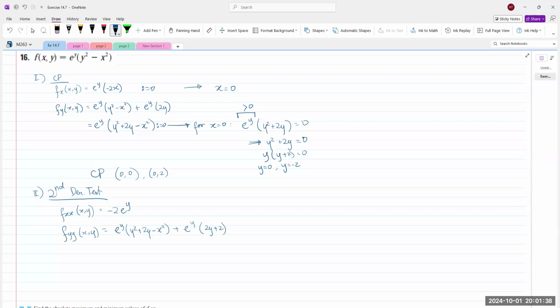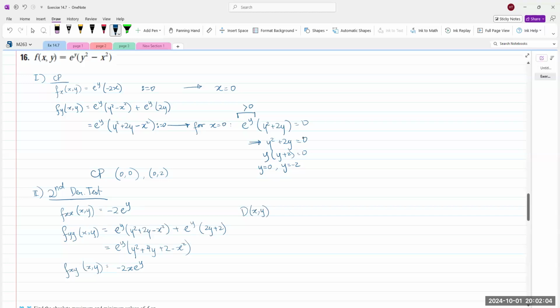So that is e to the y times y squared plus 4y plus 2 minus x squared, while f sub xy will be negative 2x e to the y. Now what happened to the Hessian then?